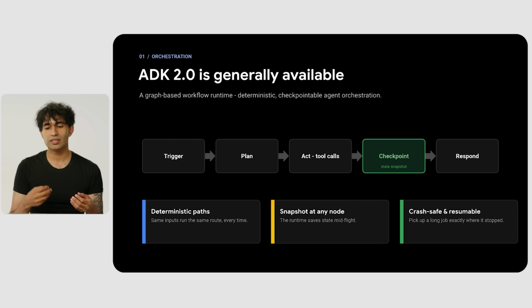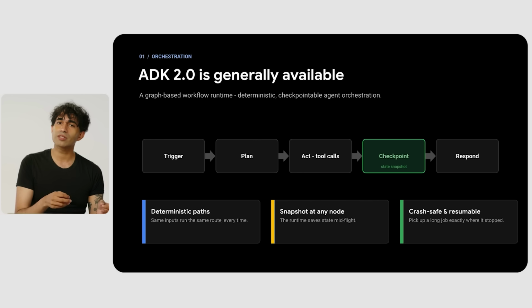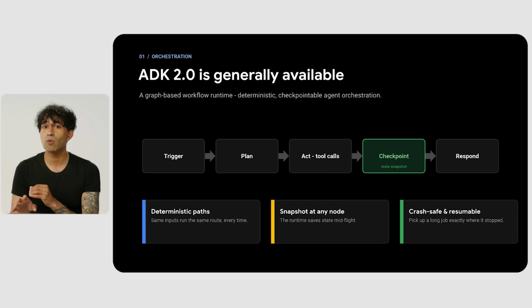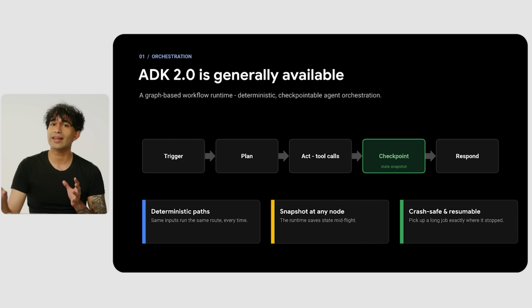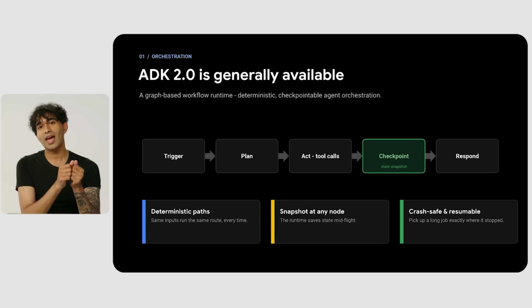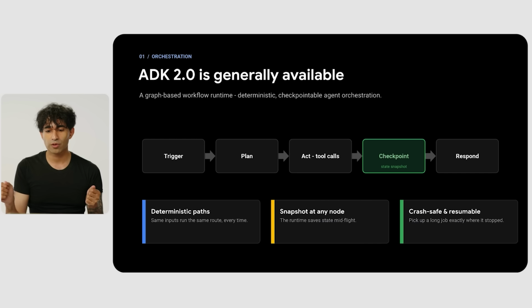Why that matters is that sometimes you want something that is deterministic, and sometimes you want something that maybe is a little bit more creative, or where you don't necessarily need to have as much of that determinism. And we really just give you a slider now where you can choose which one of those best fits your needs. For long horizon tasks that run for minutes or hours, that's also something that ADK better supports now.